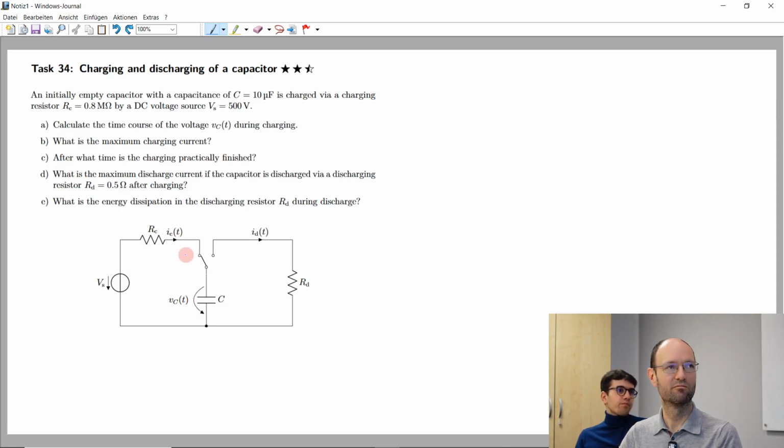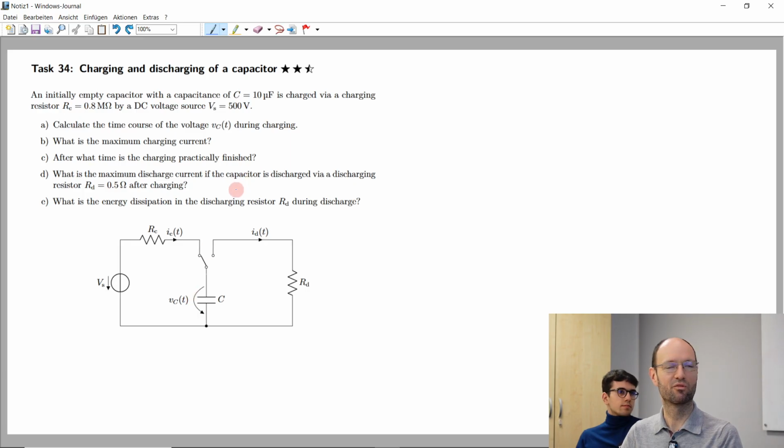And then at some time that we will more or less calculate, the capacitor is charged, and then we will switch over this switch to the other side, and then we will discharge this capacitor, so there will be a current going in this loop. And this is more or less what happens here.